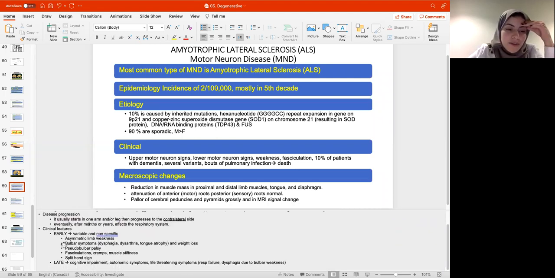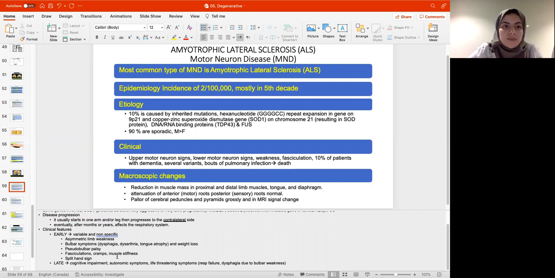Clinical features, they have early signs, which are variable again, depending on what's more affected in the patient. They would have limb weakness, bulbar symptoms. So the bulbar muscles, when they're affected, cause dysphagia, dysarthria, tongue atrophy, and weight loss because they have difficulty eating and swallowing.